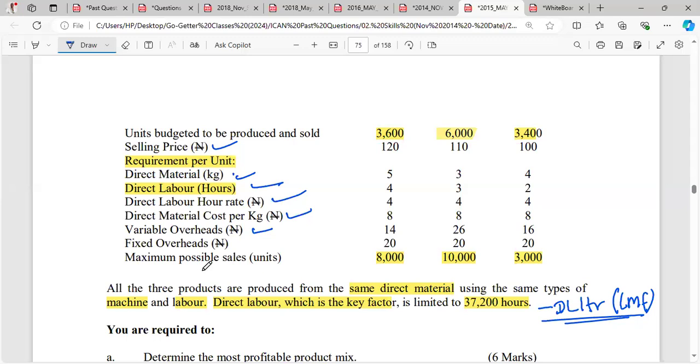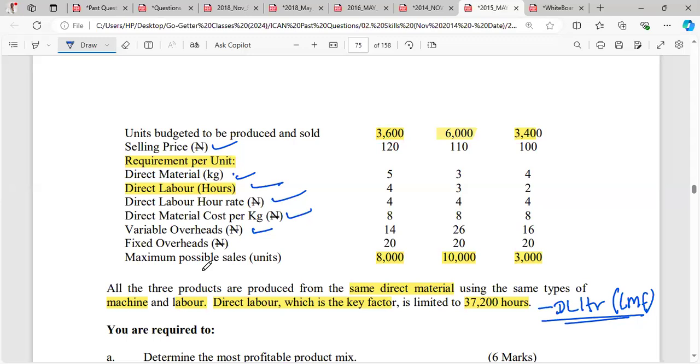If I want to charge per unit, I will divide 16,000 by 100, which is 160. So 160 naira is what I will be charging per head. So that is how it's gotten.